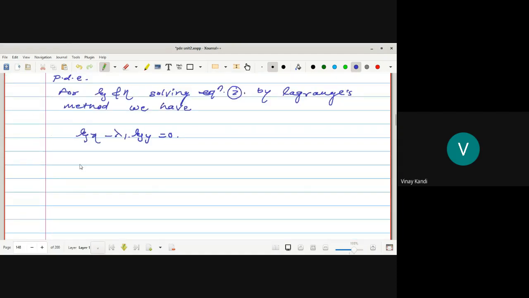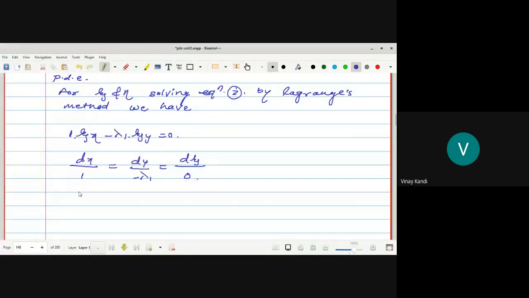So what we have then is dx upon 1, the coefficient, is equal to dy upon minus lambda 1, is equal to, the dependent variable is not z here, xi, d xi by 0.